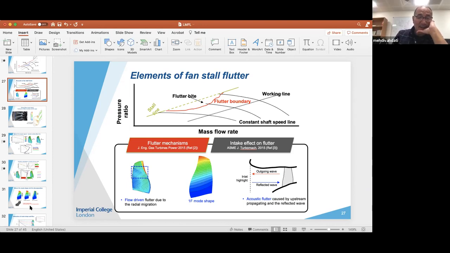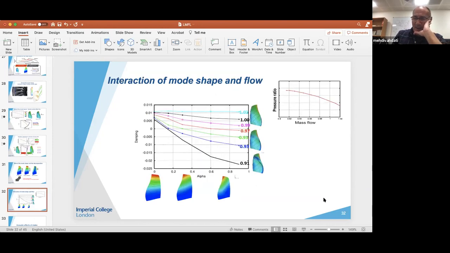I think if you look at this plot, from my experience, we've always needed a little bit of, this is not separation, it's a bit of radial migration that you would get because you're going to create a pressure gradient going up the blade.